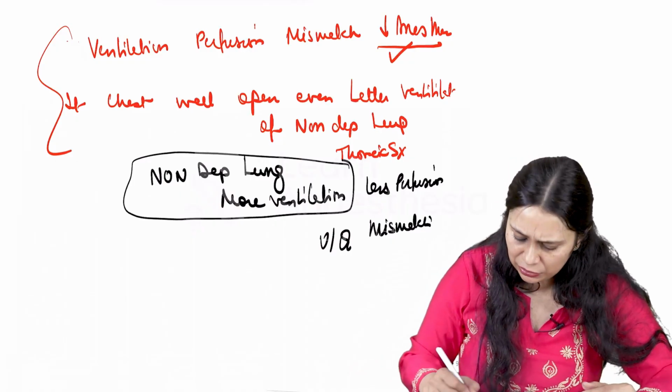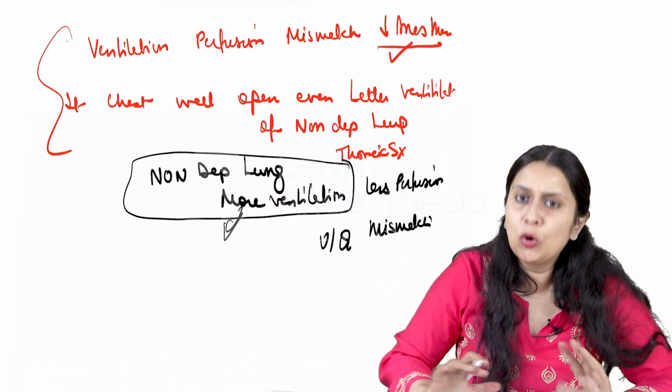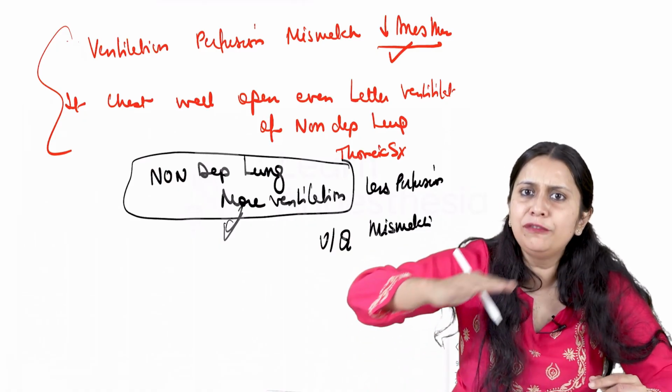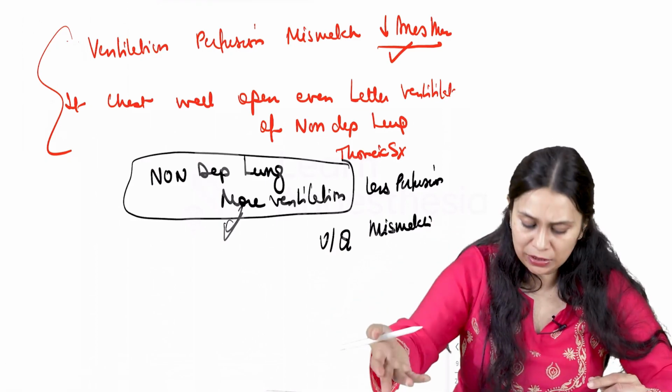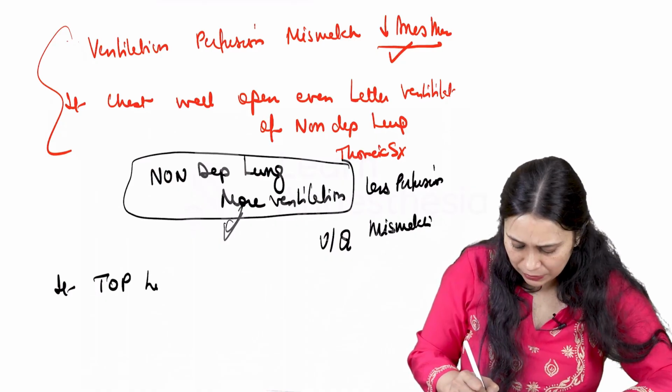Now, if this top lung is, let's say, collapsed, then the entire 50% of the lung is now not getting ventilation. So if the top lung collapses, there is more VQ mismatch.